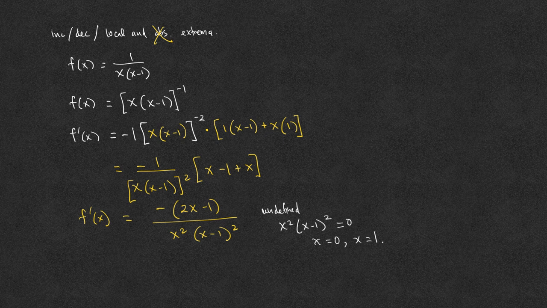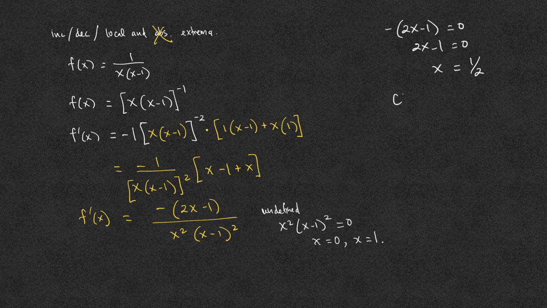This derivative is 0 when the numerator is 0 but the denominator is not 0. So we set the numerator equal to 0, minus 2x minus 1 equals 0, 2x minus 1 equals 0, and so x equals 1 over 2. x equals 1 over 2 is also another critical point.